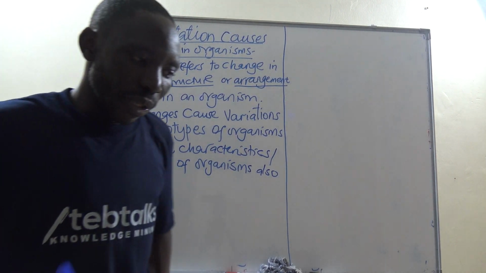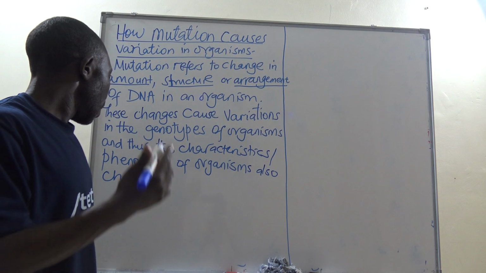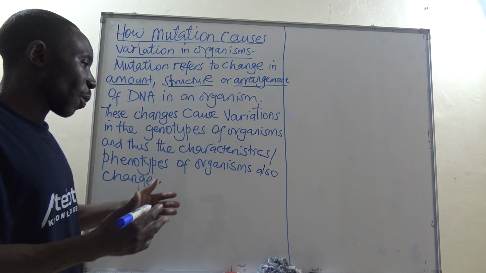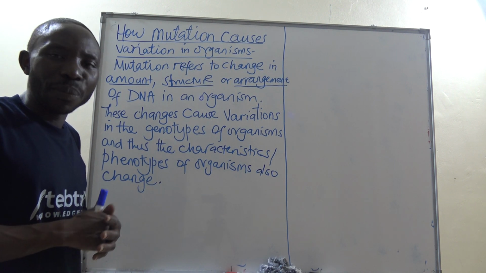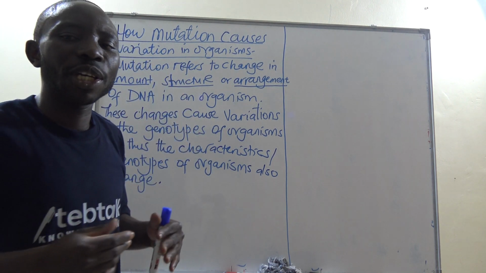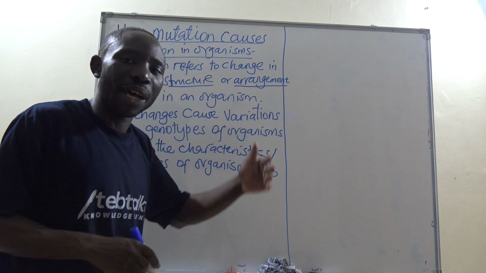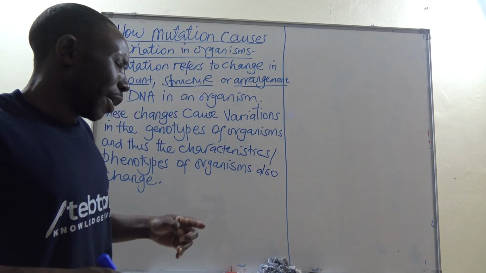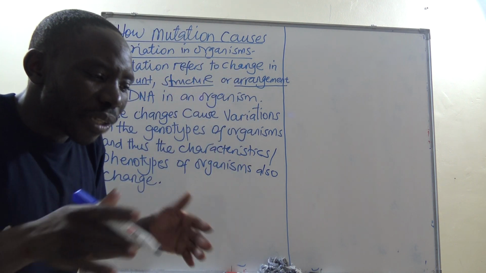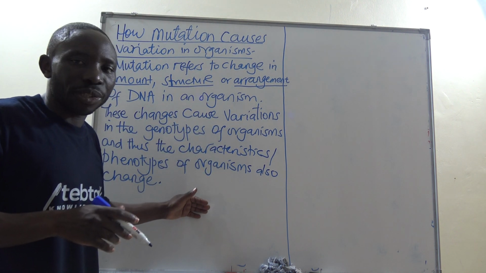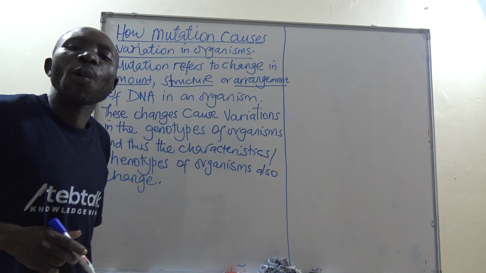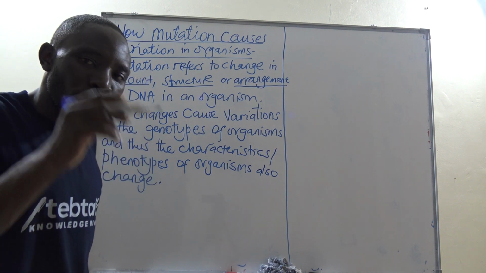A particular example here is the inheritance of sickle cell anemia, whereby a mutation occurs, a gene mutation, also called point mutation, in the genotype or DNA, and one gene, one triplet, or one base within the triplet is replaced by another one that now changes the gene which codes for amino acid glutamine.